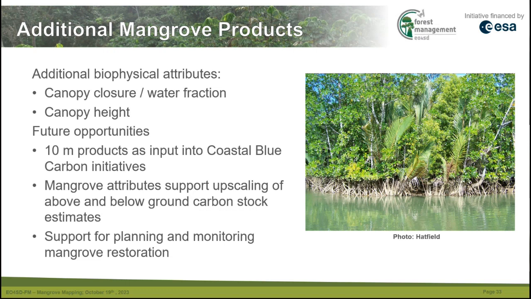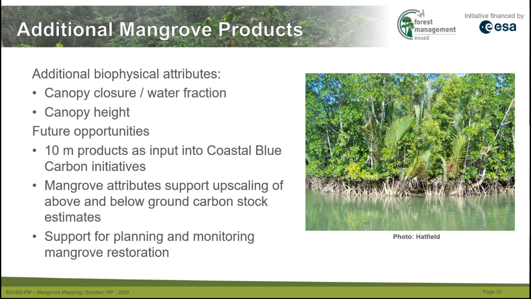Those products could be useful inputs into coastal blue carbon initiatives, and we know that estimating carbon stocks above and below ground in mangrove ecosystems is very challenging. But some of these attributes can help to support upscaling of carbon storage estimates.